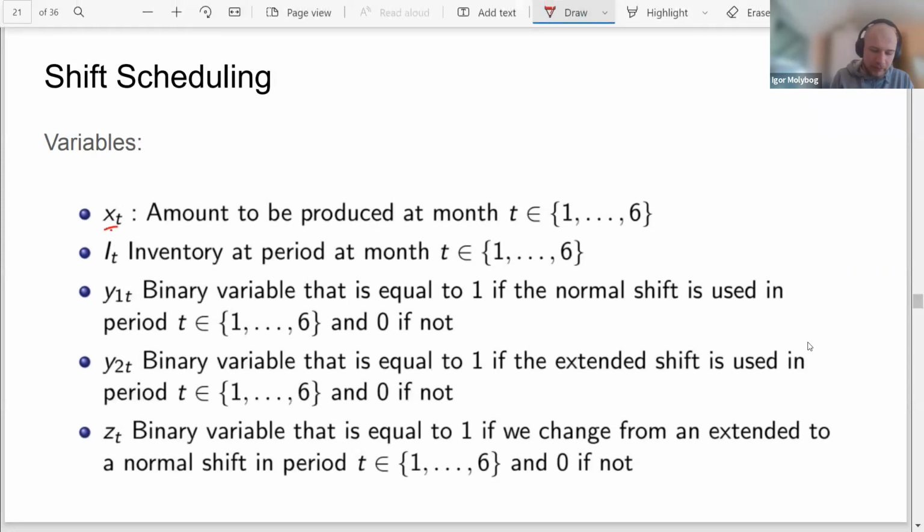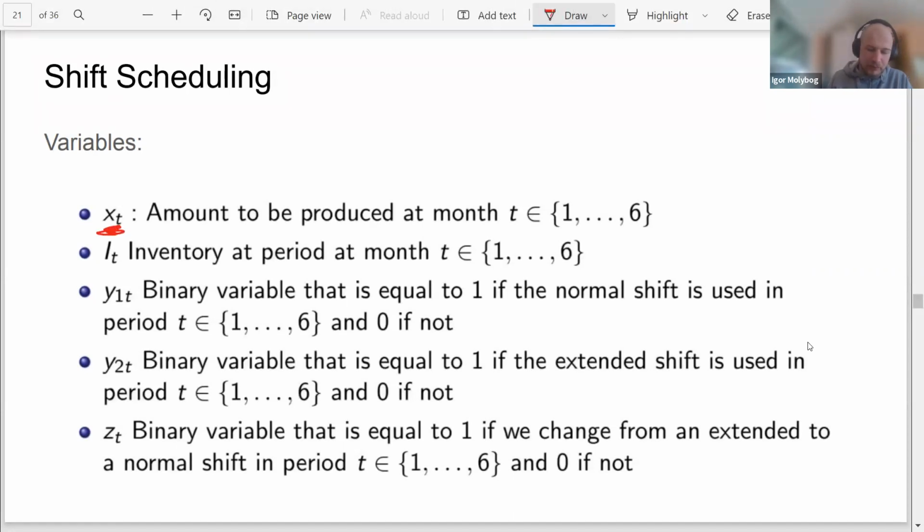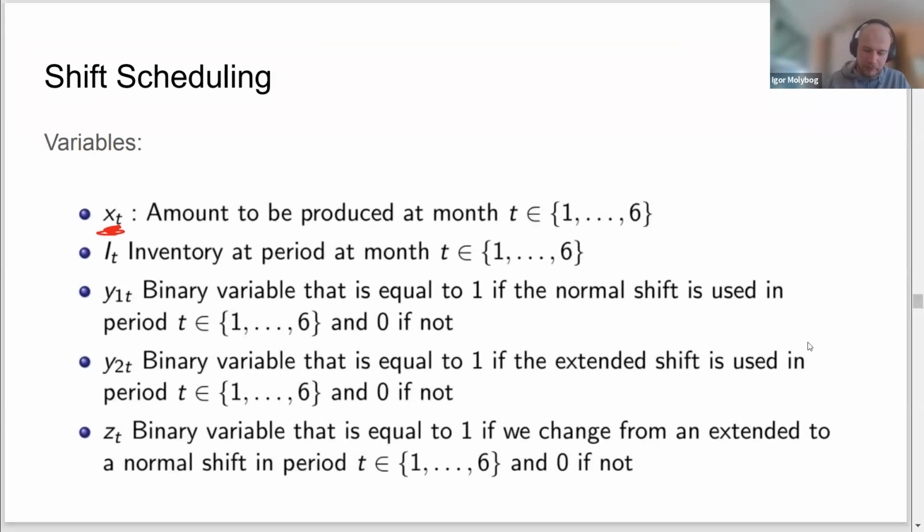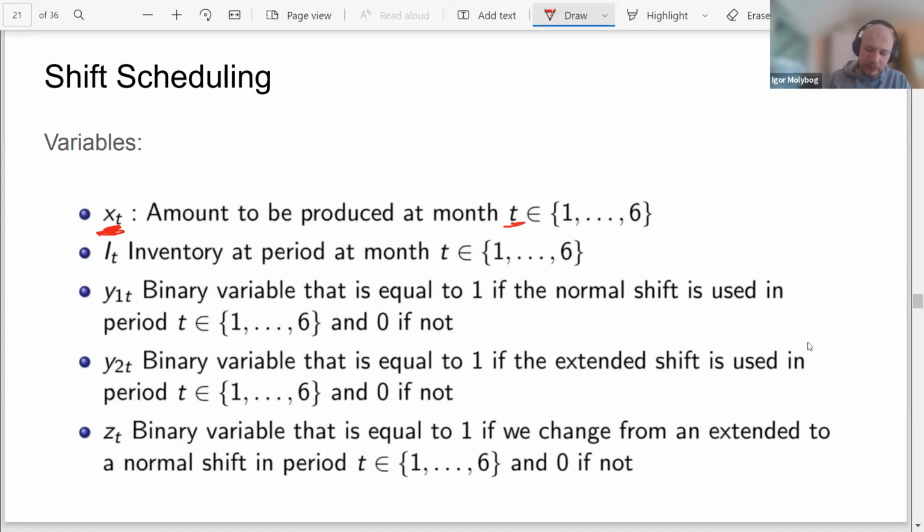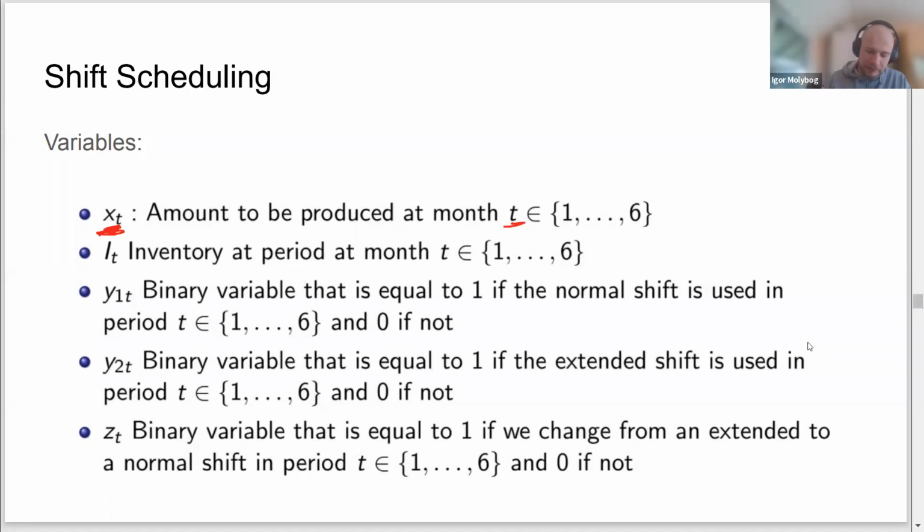First of all, we're going to have x_t, the amount that we produce at month t, which is going to be an integer value, but any integer value, it doesn't have to be binary. I_t is going to be the inventory at month t. Basically, this is the inventory that we are carrying over to the next month.